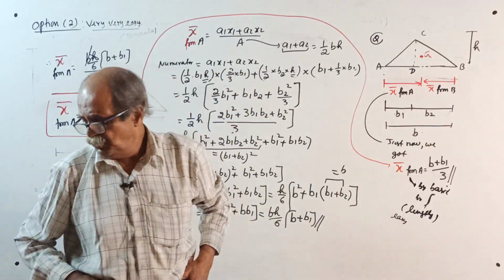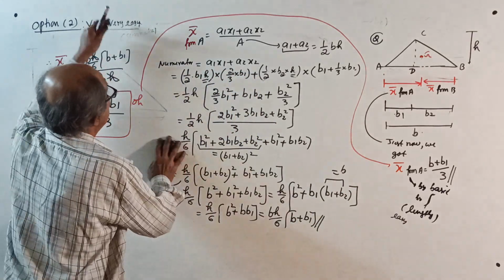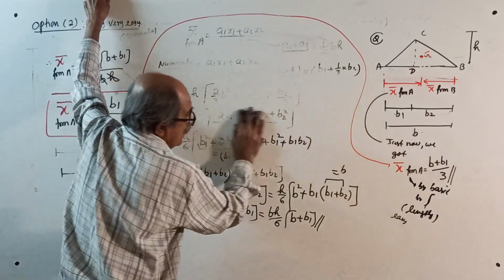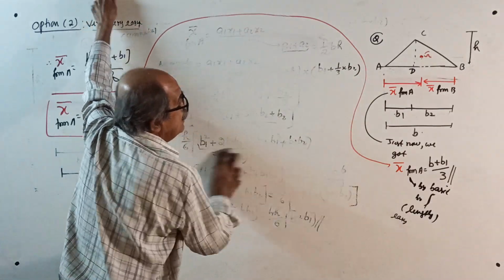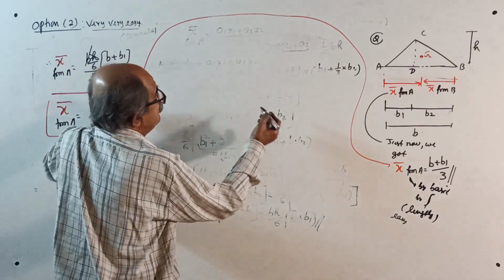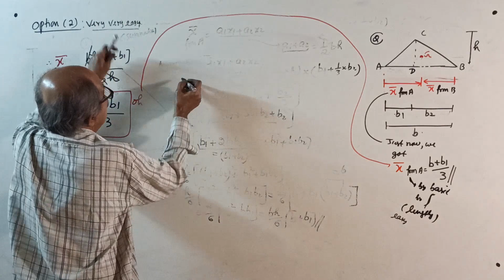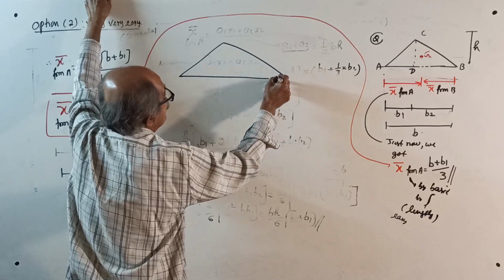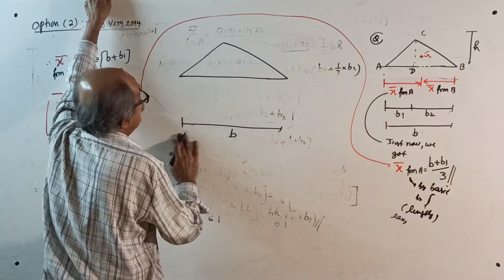Now I will close the class by writing one more term. This is x bar from A. Now, what about x bar from B? You don't have to waste time. Once you get x bar from A, see, this is the sketch. This full is b. This full is b.